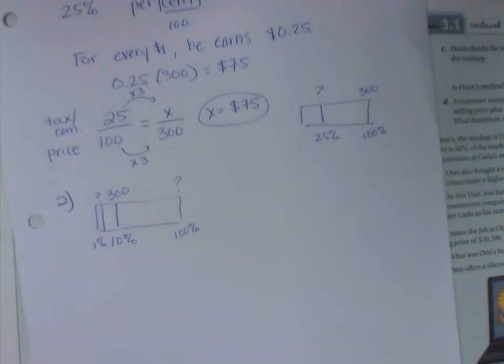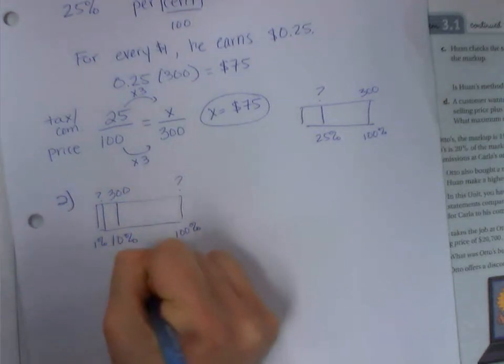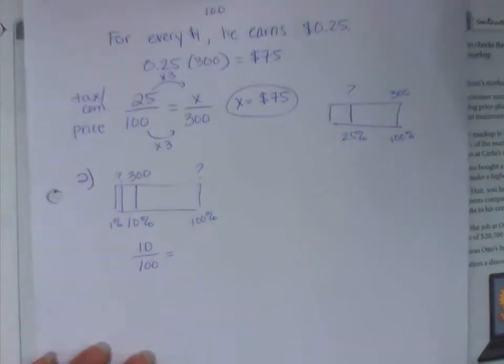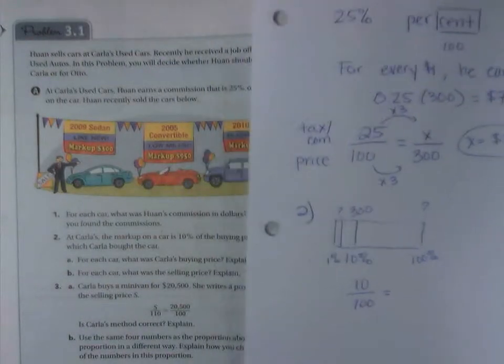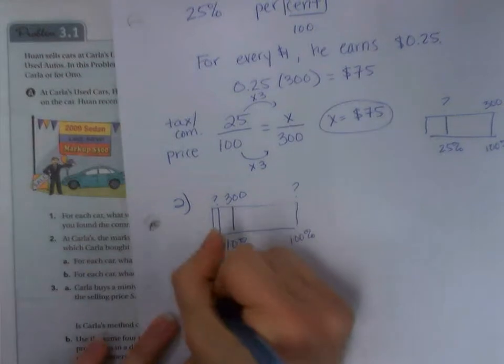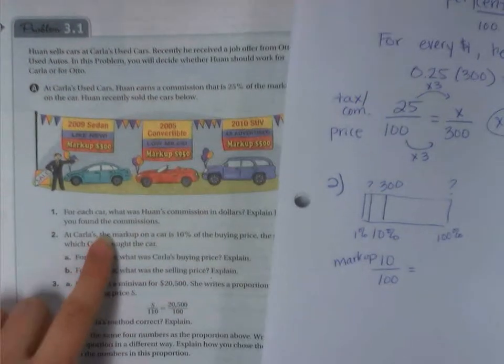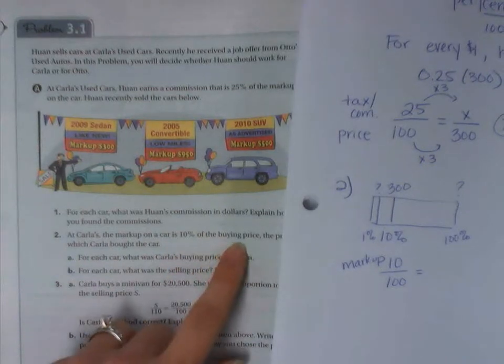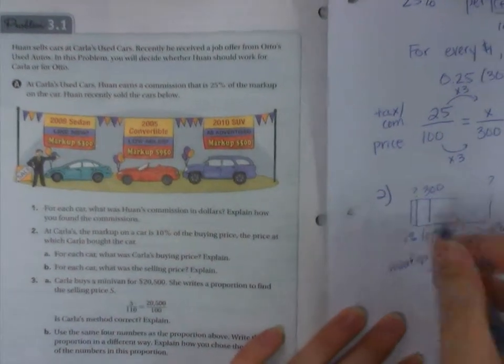So I'm going to do the proportion version. So 10% means 10 out of 100. Now our 10 is not referring to a commission anymore. It's referring to the markup, because the markup on a car is 10% of the buying price. So the bottom number is our buying price.